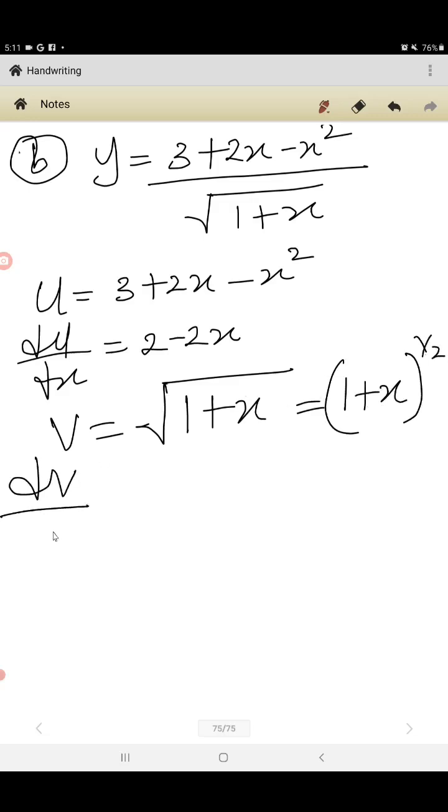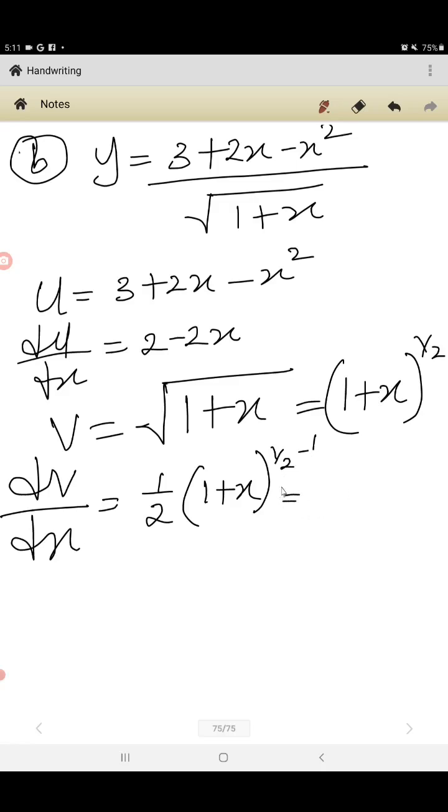The v with respect to s gives you half onto 1 plus x raised to power half minus 1, times, because it's a composite rule, the derivative of x, 1.